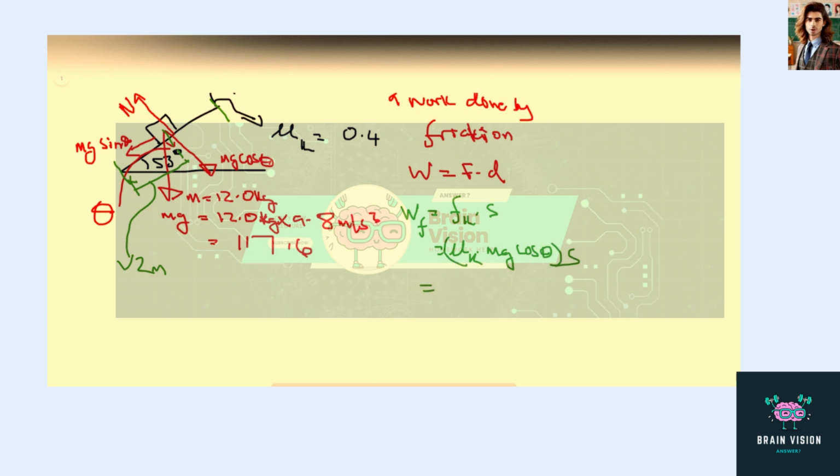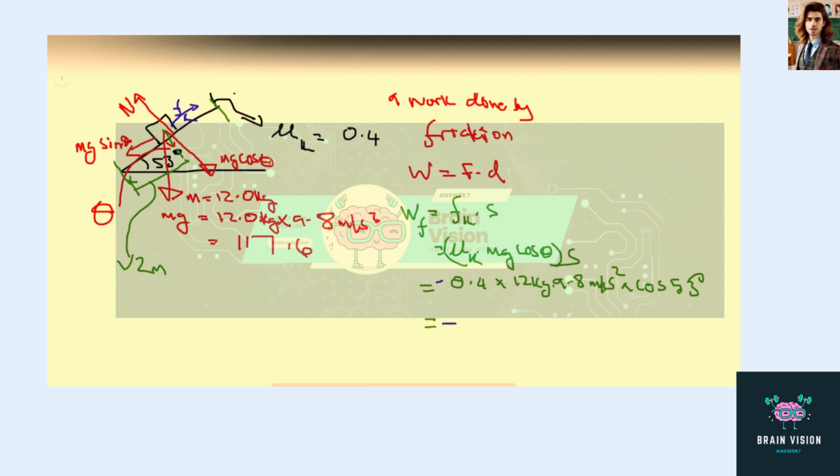So that gives us 0.4 times 12 kilograms times 9.8 meters per second squared, and then times cosine of 53 degrees. Remember, friction is working against the object, Fk, so it's going to be a negative solution.